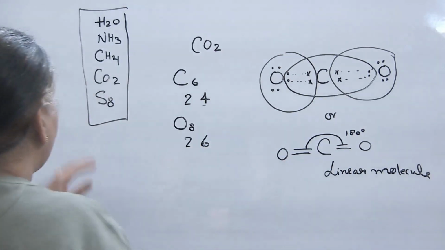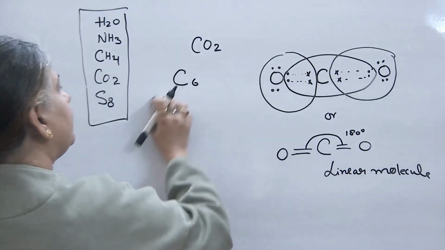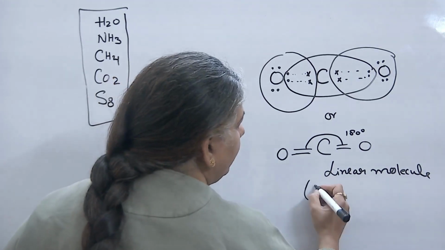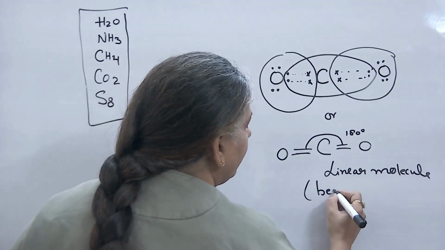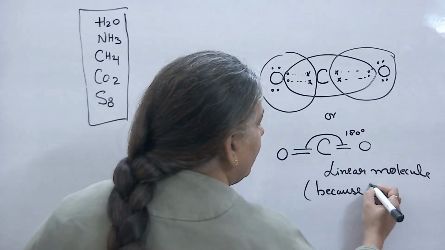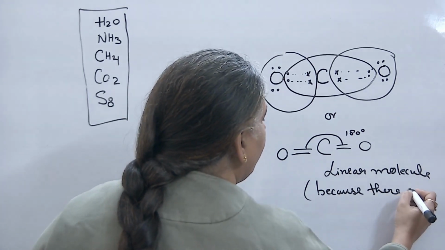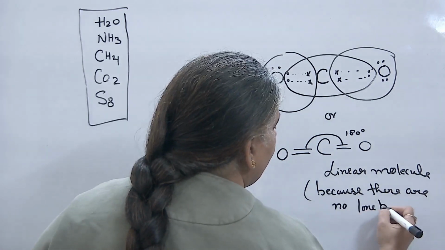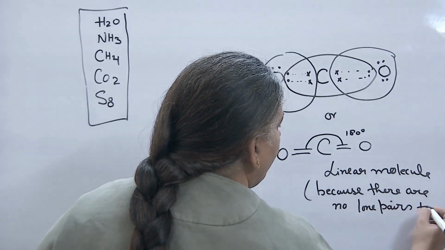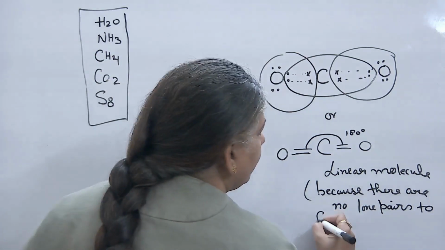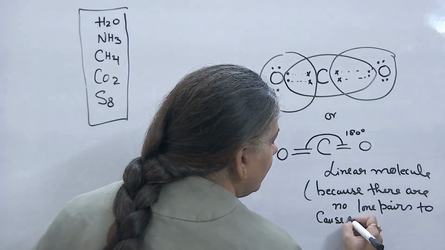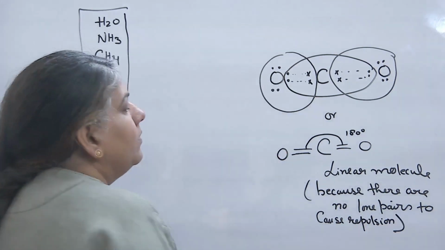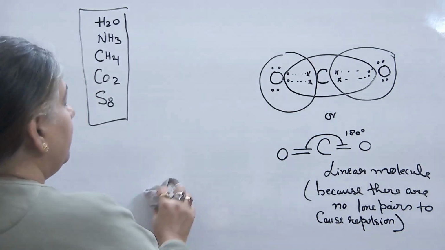Okay, let's take methane. So it is linear because you can write the reason because there are no lone pairs to cause repulsion. Next is methane.